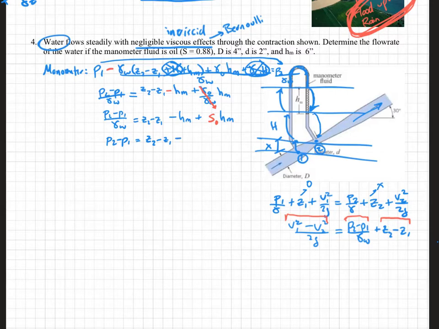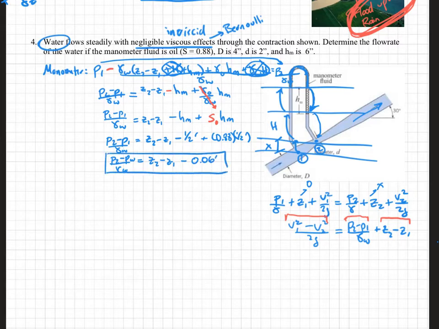So H sub M is 1/2 foot, as given, plus S sub O, which is 0.88 times that 1/2 foot, over gamma W, Z2 minus Z1 minus 0.06 feet. Fairly simple and ready to be plugged into our Bernoulli equation.